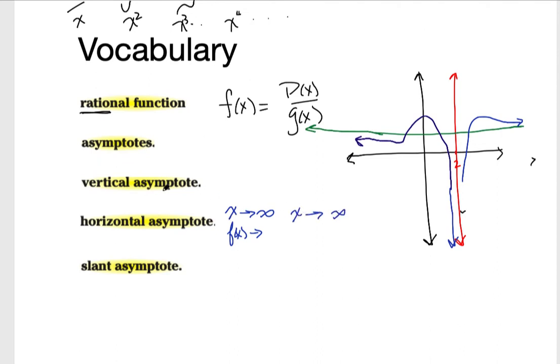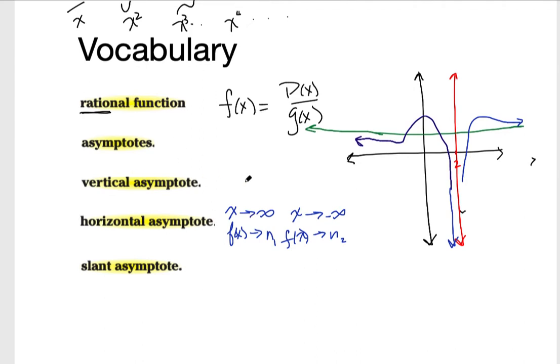Now, with a horizontal asymptote, we have a bounding of our function, so that as x goes to positive or negative infinity, f of x might actually approach some number. That's what we're looking for, and we're going to have a way of determining that just by looking at the rational function.